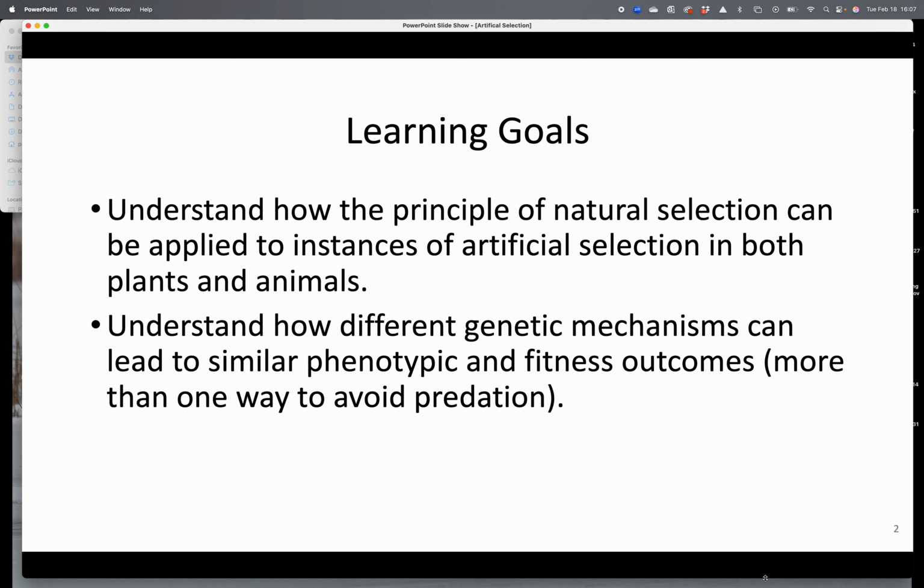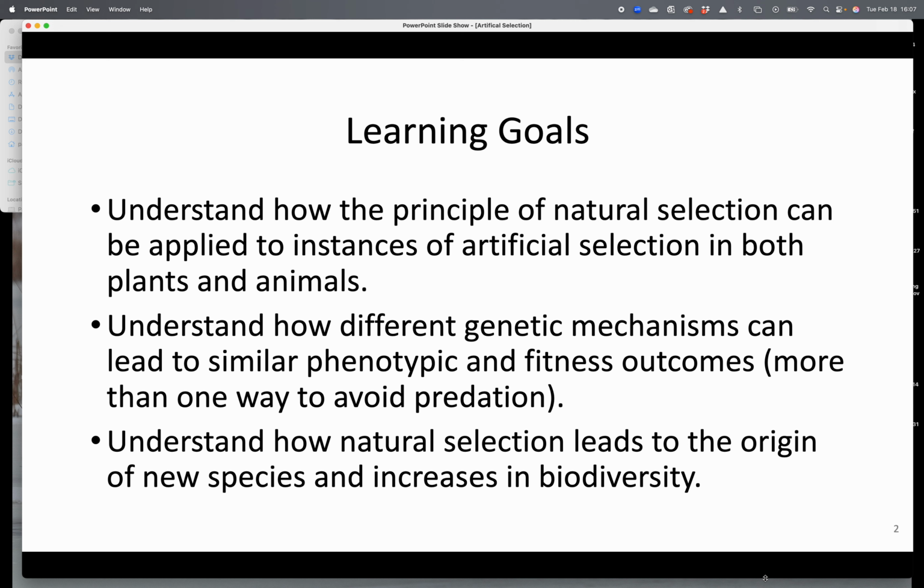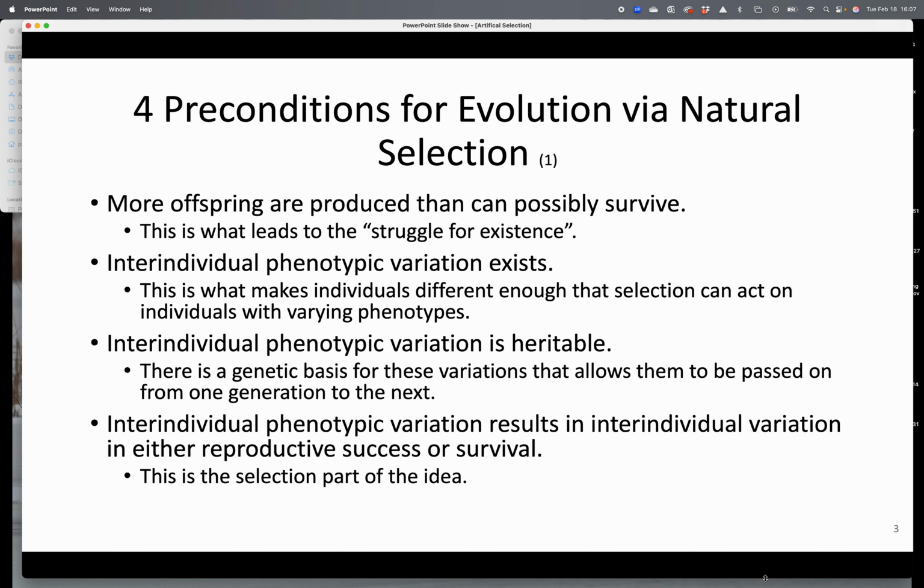A good example is that there might be multiple paths to avoiding predation, and because those paths probably involve different genes, you can avoid predation one way or another, and depending on which way your population responds to predation, that can lead to similar outcomes, even though there's a different genetic path to get to that same outcome. And then the last thing we'll talk about is understanding how natural selection leads to the origin of new species. This will increase biodiversity.